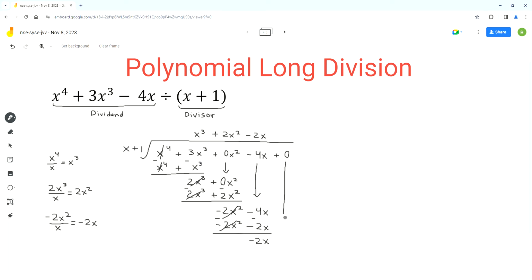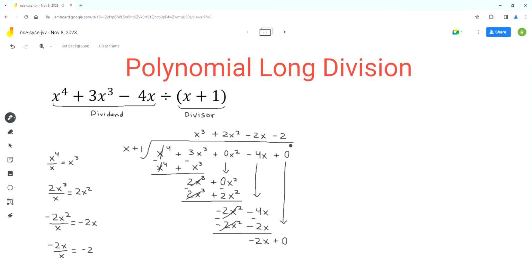Now we can bring down the number term, so plus 0. Now we have to get rid of this negative 2x. We divide negative 2x by x, the highest degree term in the divisor, so we get negative 2. That's the next term in the quotient.